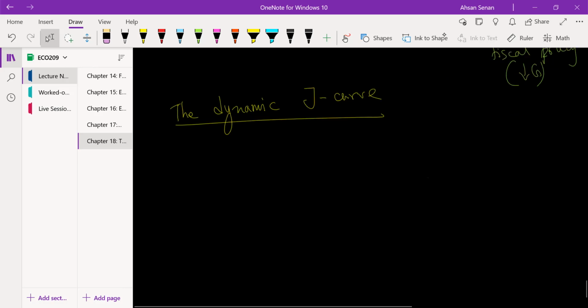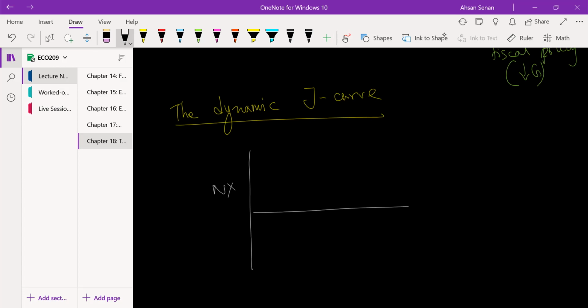Okay, so I'm going to draw this diagram. Okay, so we are still measuring NX here. Suppose this is where we are. So we have negative net export. At this point, this is time. We have time on the x-axis. So at this point, what we are going to do is we're going to lead to depreciation.